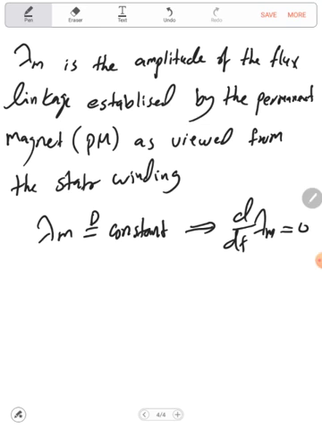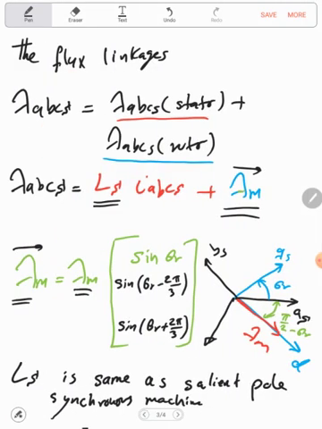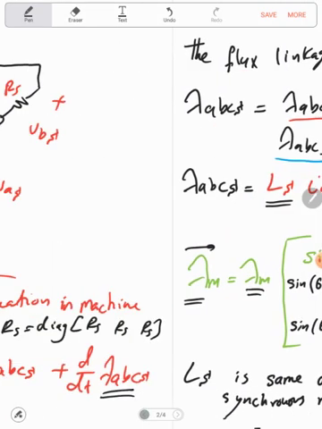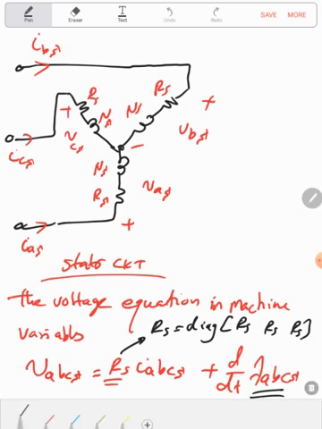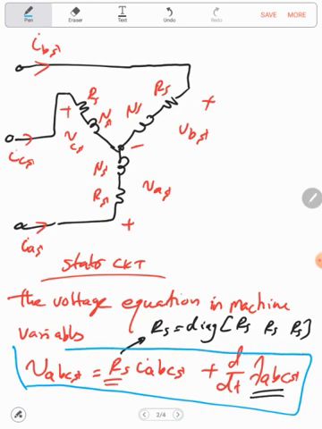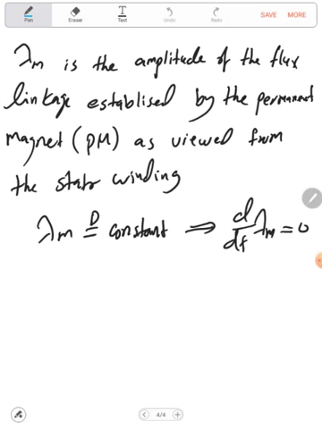So now we have the voltage equation. And if we need to finish the model, we need an expression for the electromechanical torque, and we need the swing equation. So we know that the electromechanical torque can be found by differentiating the co-energy with respect to theta r.